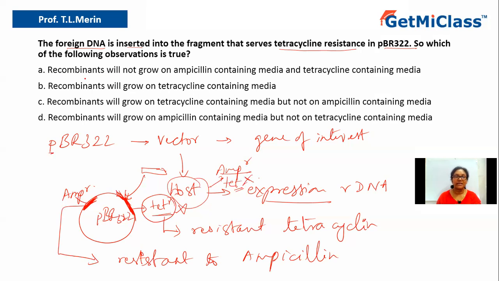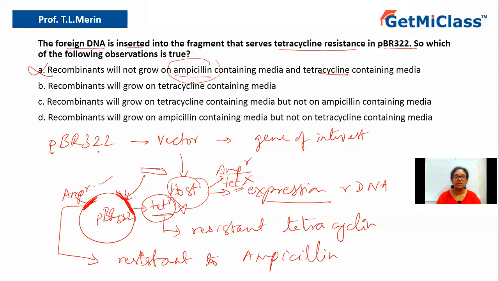So let us see. Option A says recombinants will not grow on ampicillin. No, recombinants will grow in ampicillin because the ampicillin gene is fine, so it will grow in ampicillin. It will not grow in tetracycline, that is correct, but not in ampicillin is wrong. It will grow because it has the resistant gene, hence it is ruled out. Option B says recombinants will grow on tetracycline containing medium.